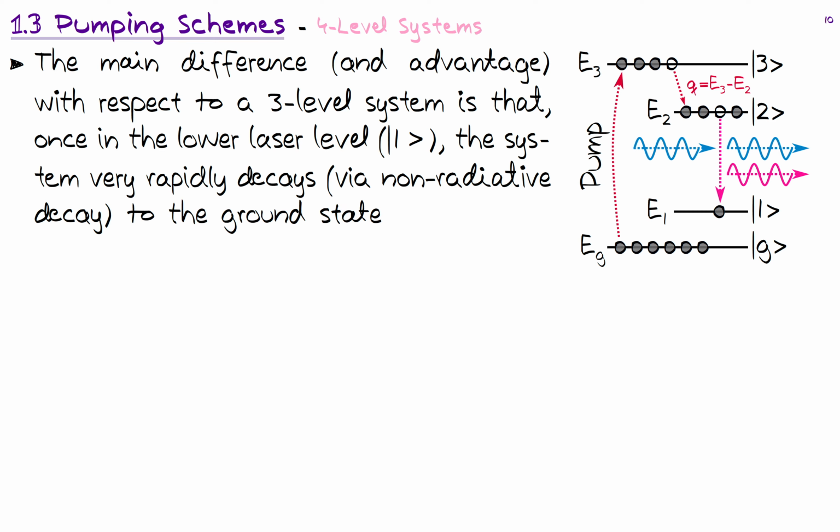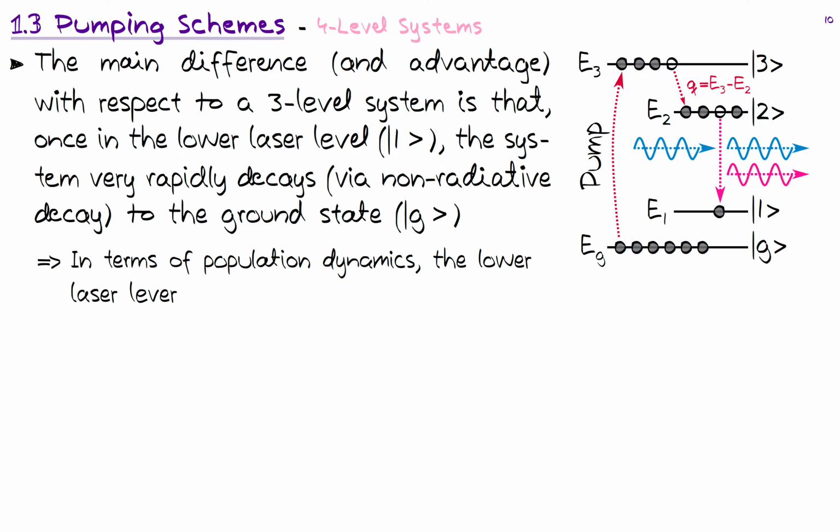And now what happens in terms of the population dynamics, this lower laser level is basically empty at all times. So basically the population N1 is close to 0 at all times.